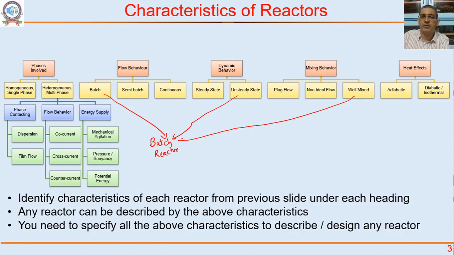That unsteady state and well mixed part was assumed. You didn't have to think, it was there already in the back of your mind, but we have to explicitly say now because we are going to deal with so many different kinds of reactors.